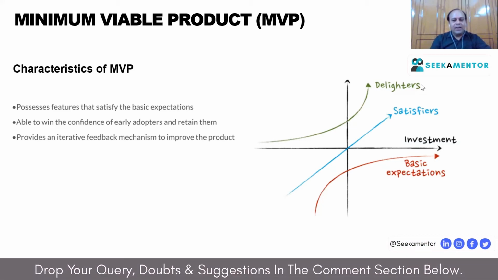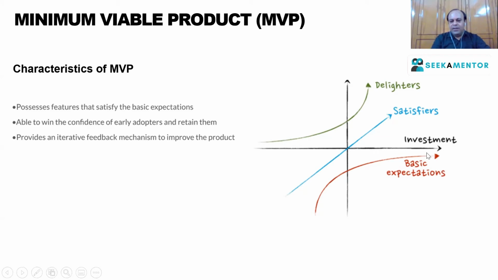But if you want to target upper customers who will be delighted and spread 10x word of mouth, they will become delighted. So whenever you are making any product, you need to think from the perspective of basic expectations being met. That is your MVP, then your full product. And if you want to upgrade something so that it can create delight and spread good word of mouth, that will be captured in the delighter.